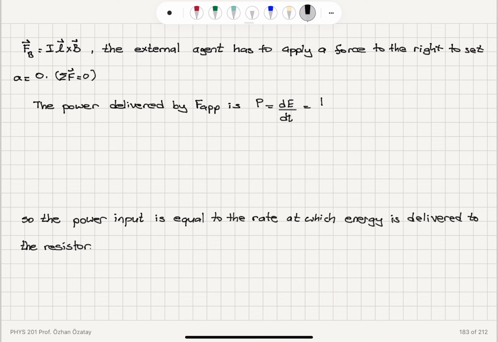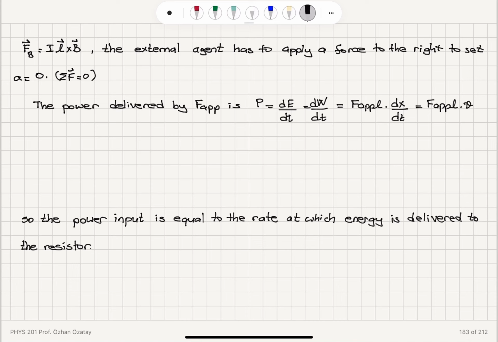It is basically the work done by this force, a small amount of work dW/dt, which is equal to F applied times dx/dt. Because F applied and dx are in the same direction, the dot product gives F applied times dx, with cosine 0 being 1, and dx/dt is the velocity, so it's F applied times v.